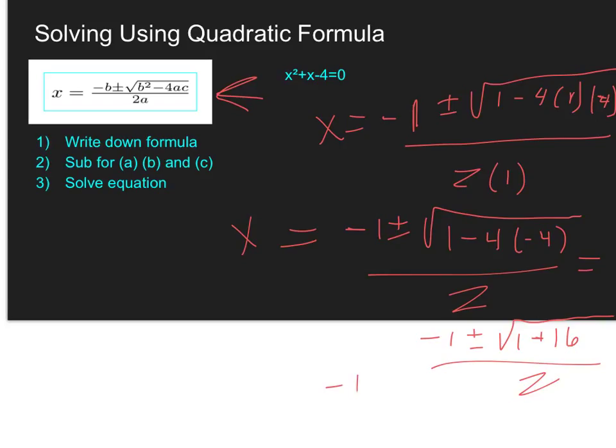So -1 plus or minus the square root of 17 over 2, and that x equals this.